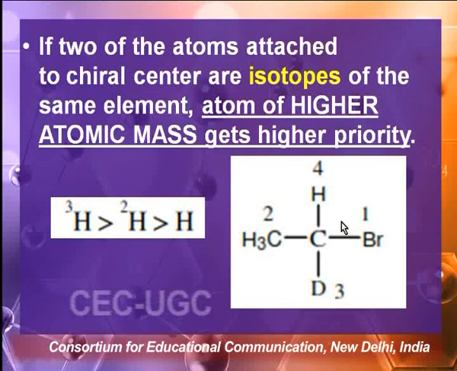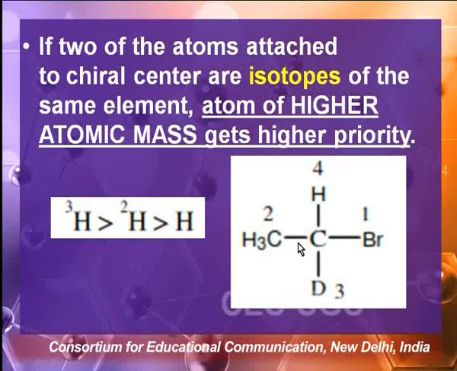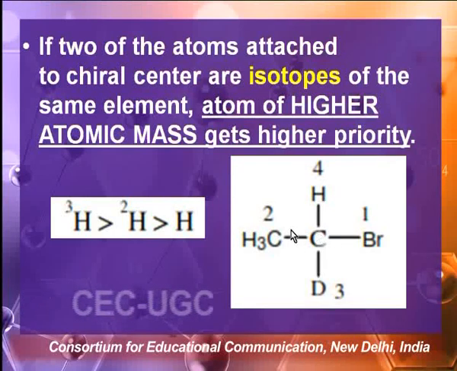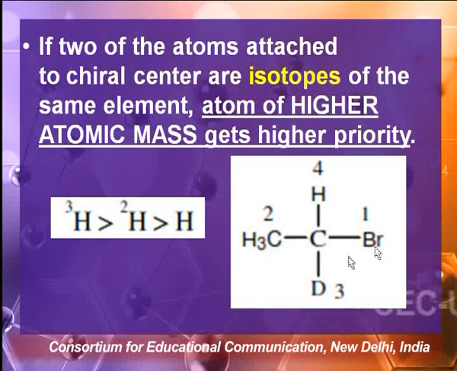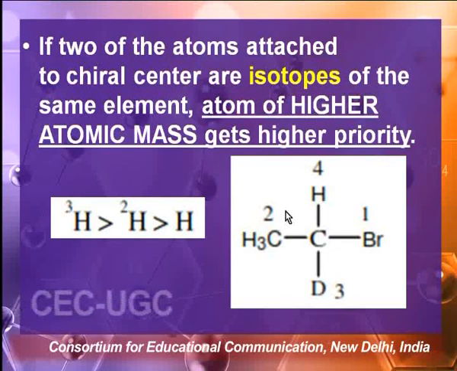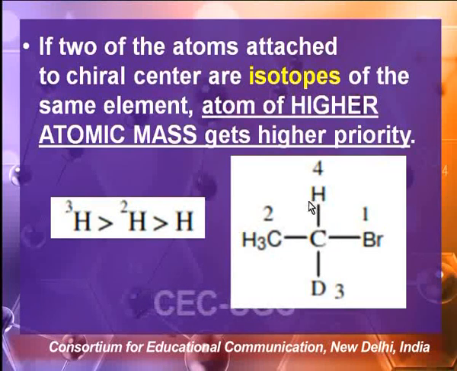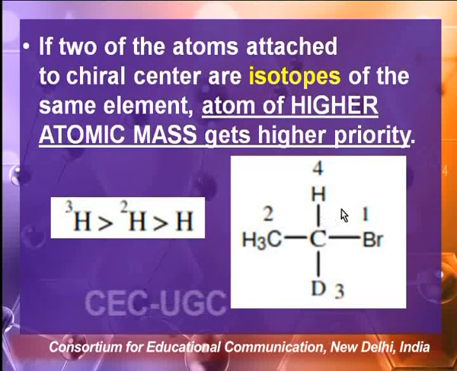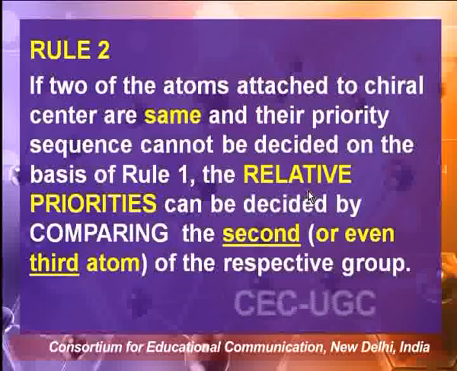So don't make the mistake which I just made 2 minutes before, because unconsciously I started comparing them on the basis of atomic numbers. You don't have to do that. We have to compare them on the basis of atomic masses, and we know the atomic mass of bromine is 81, carbon is 12, hydrogen is 1 and deuterium is 2. So bromine has the highest priority, followed by CH3, then deuterium, and hydrogen has the lowest priority.